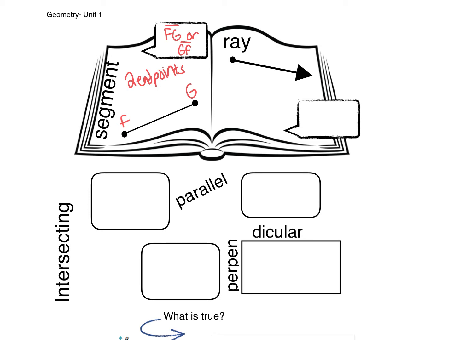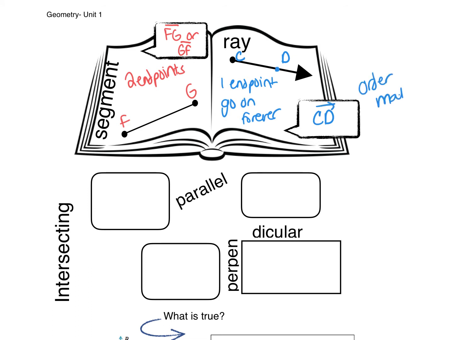So line segments have 2 endpoints, and then you have rays. Rays have 1 endpoint, and then go on forever in one direction, okay? So if I use the letter C here, and then I put another point on my ray and call it D, then I would have to name this ray CD. Order matters here.